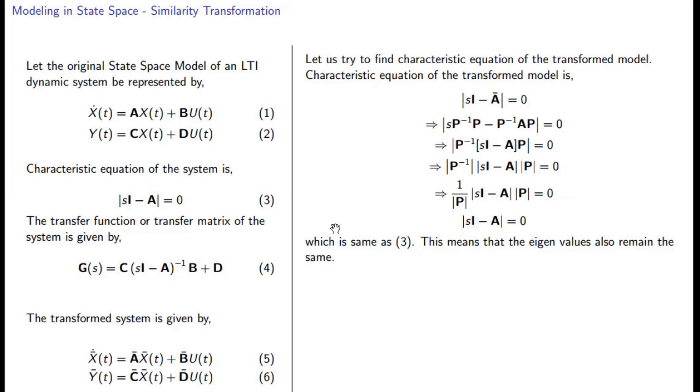So the first point is the characteristic equation doesn't change. If the characteristic equation doesn't change, then the eigenvalues also will not change, because the roots of the characteristic equation we call the eigenvalues. The eigenvalues don't change, and therefore the eigenvectors also will not change.